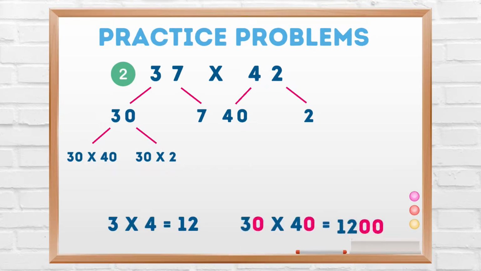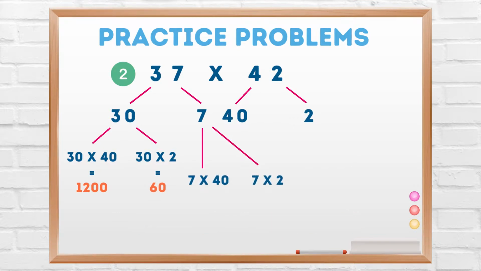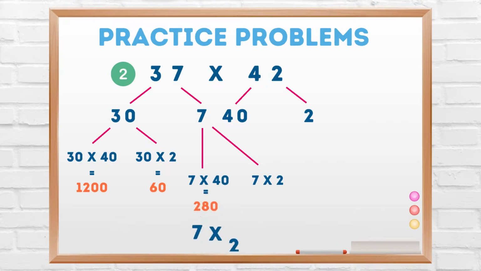3 times 4 is 12, so 30 times 40 is 1,200. 3 times 2 is 6, so 30 times 2 is 60. Now we will times 7 by 40 and by 2 as well. 7 times 4 is 28, so 7 times 40 is 280, and 7 times 2 is 14.